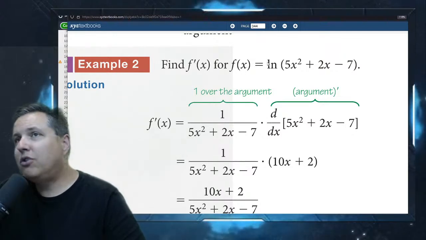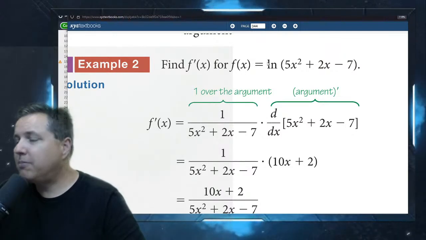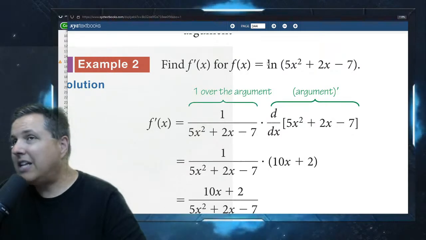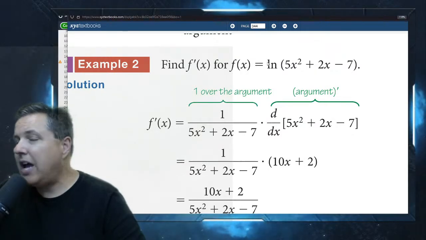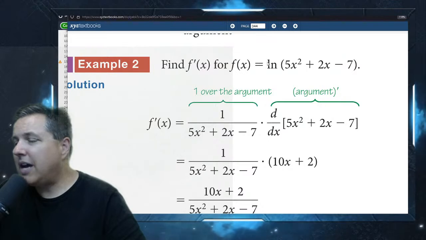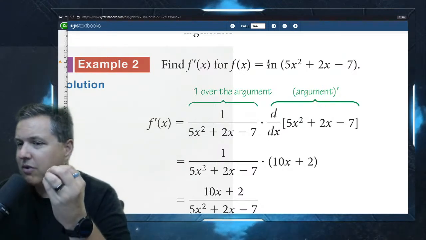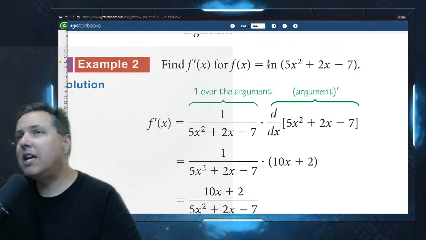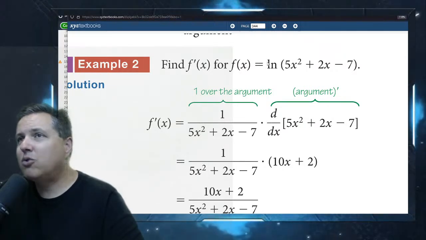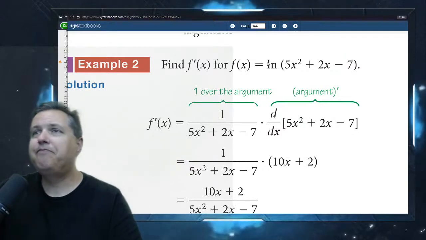We have the natural log of 5x squared plus 2x minus 7.